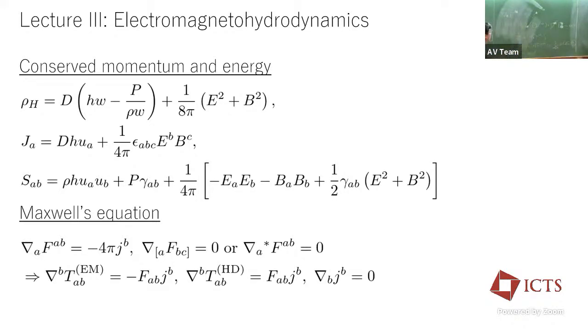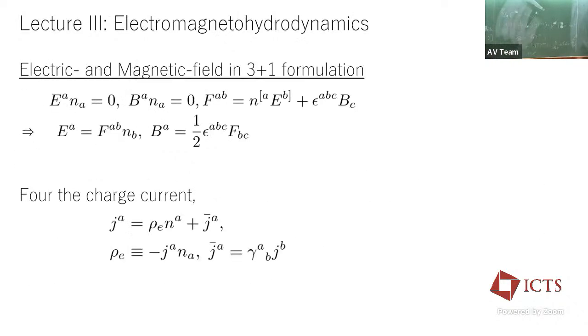And if you plug in this expression, what's the form of F^{iB}? Here, iB means n^i E^B or n^B E^i, right? And what's the form of n^μ? Do you remember? n^μ is 1 over α, minus β^i over α.